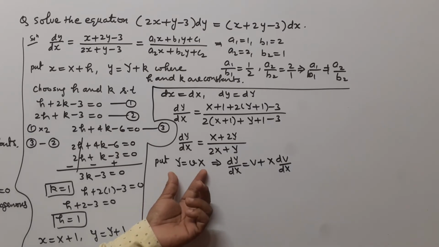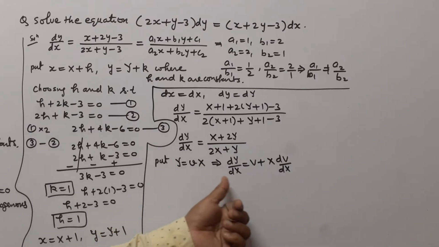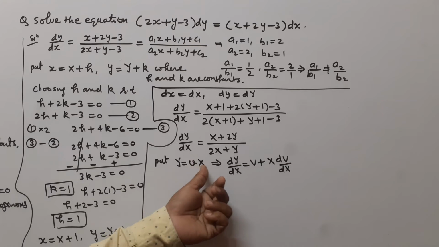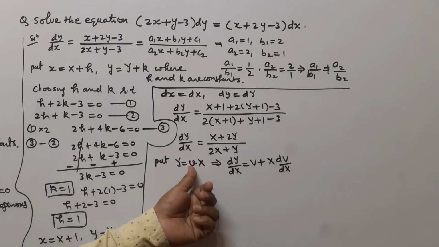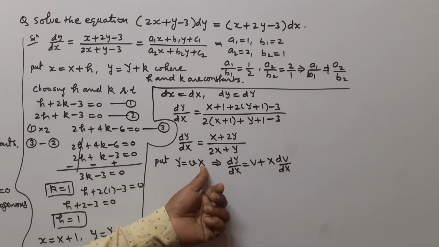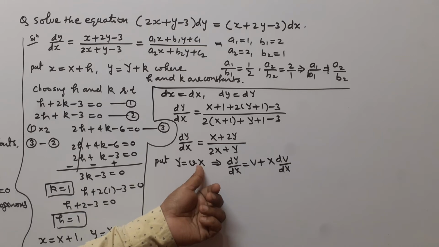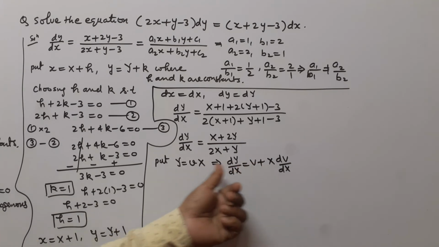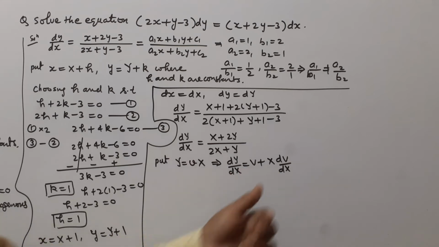Now we differentiate this with respect to x, so d capital Y upon d capital X. On the right there are two functions, so first we write v and the differentiation of x with respect to x, that is 1, plus the second function x and differentiate v with respect to x, so we write dv by dx.